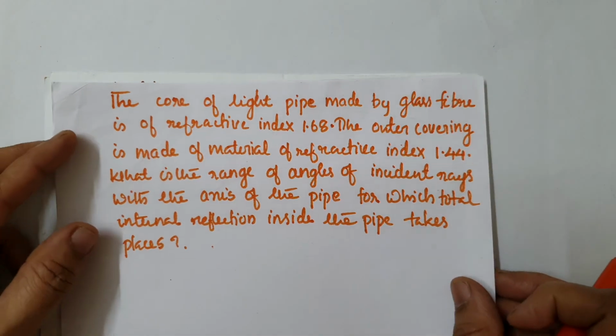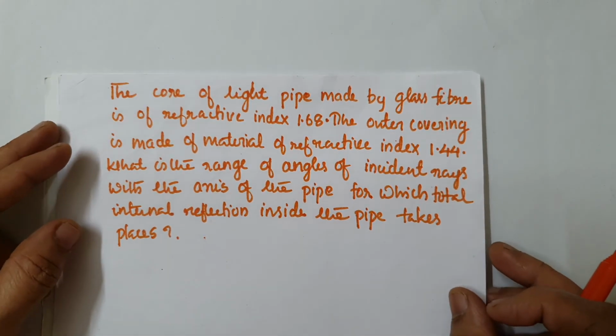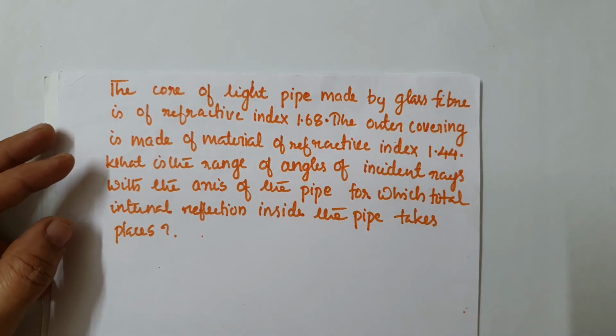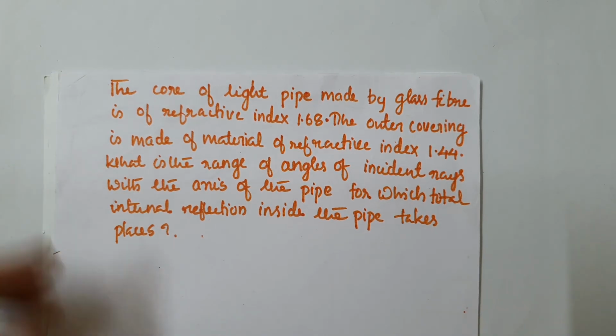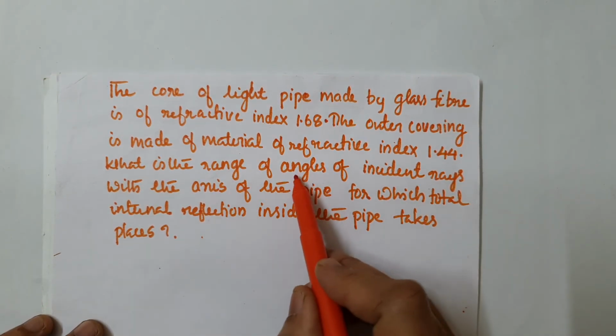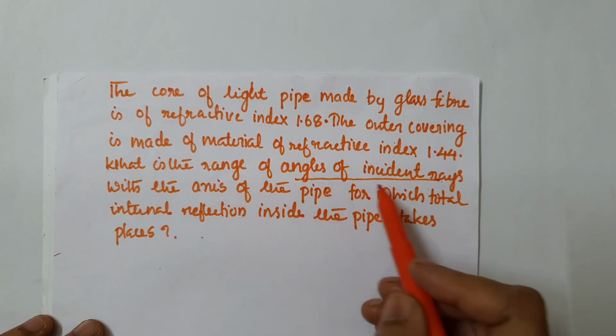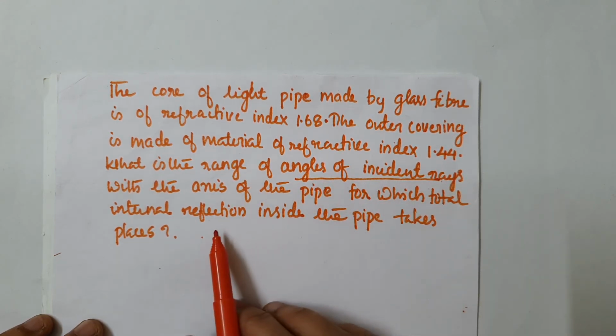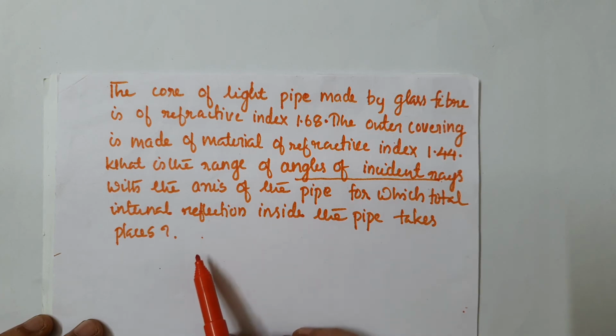And the next problem is, the core of a light pipe made by a glass fiber is of refractive index 1.68. The outer covering is made of material of refractive index 1.44. What is the range of angles of incident rays with the axis of the pipe for which the total internal reflection inside the pipe takes place? Here we have to find out the range of angle of incidence in which the total internal reflection inside the pipe takes place.